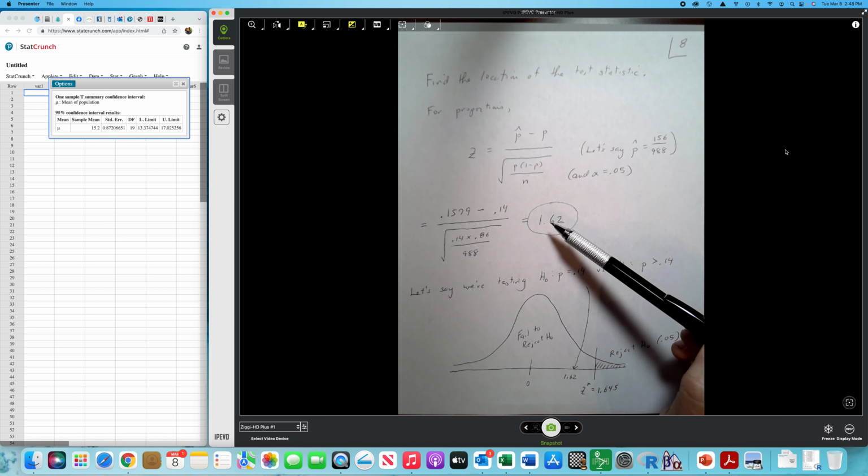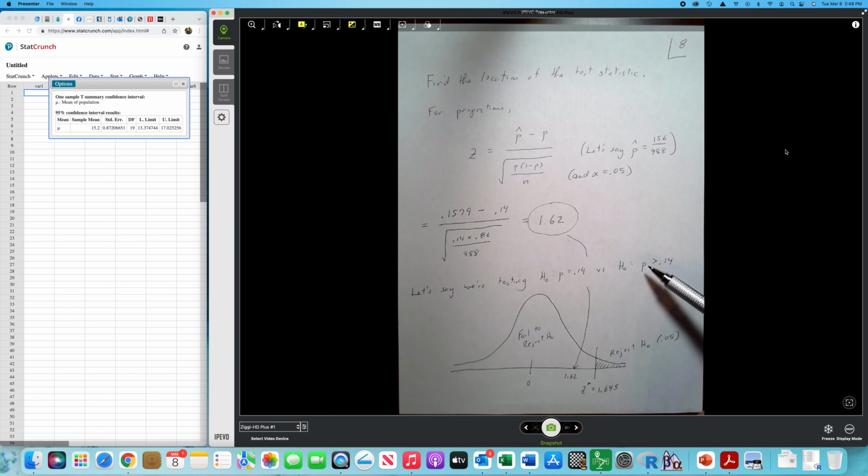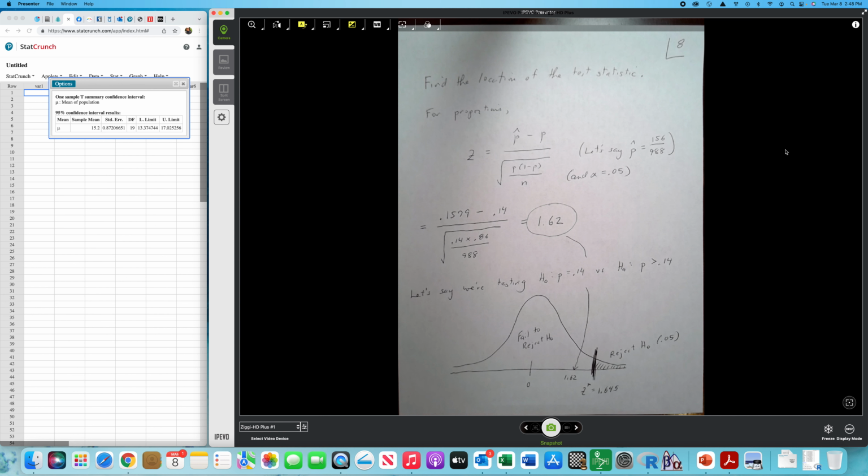When I get that, I get 1.62. All right. So if I'm testing p equal 0.14 versus p greater than 0.14, I have this line in the sand right here. And how do I come up with that z, that line in the sand being z equal 1.645? Well, I do it just exactly like I did before.